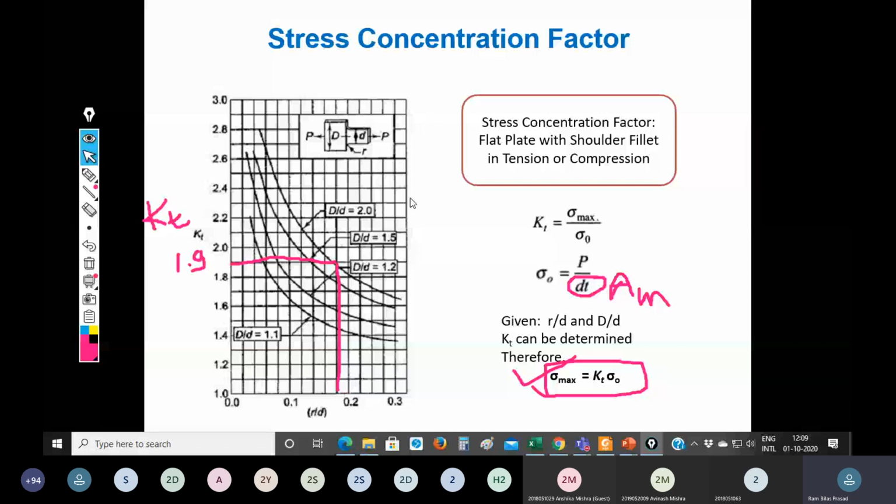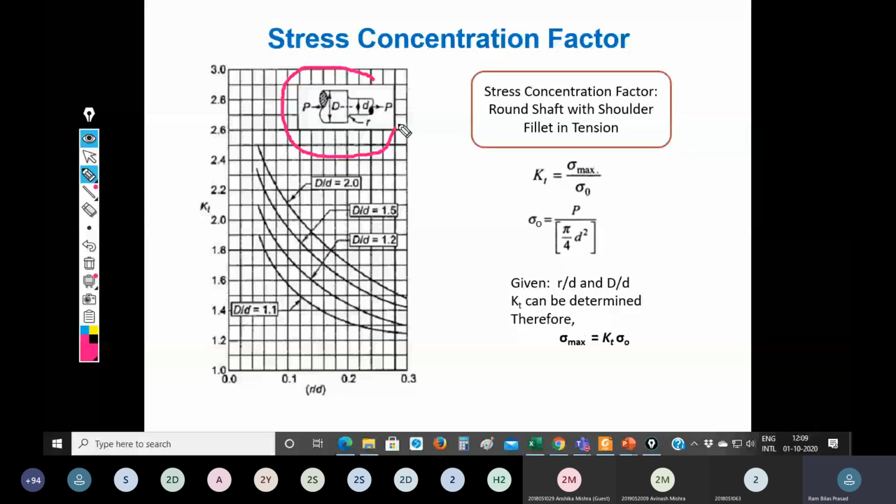In the same manner, there are more geometries, right? So that was a flat plate, and in this case we have a shaft, right? It is a shaft where the cross section is reducing. So now we have a circular shaft, right?